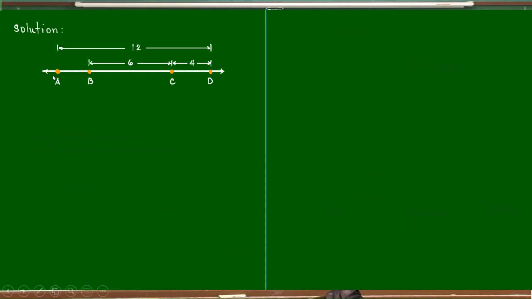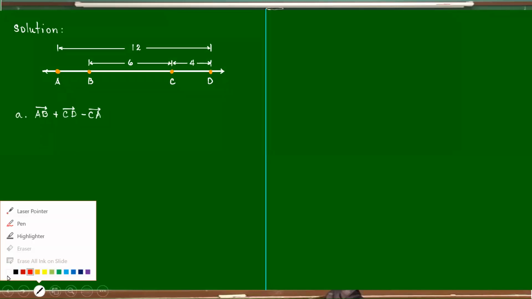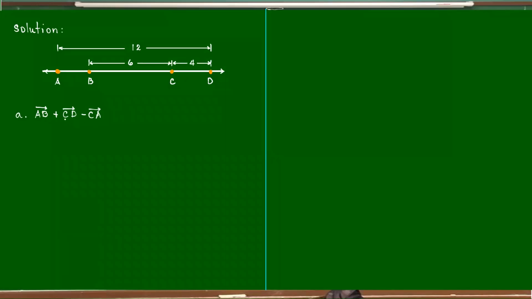We draw a directed line containing the following points, A, B, C, D, with A to the left, followed by B, then C, and then D. So from the given information, we have CD is 4, BC is 6, and AD is 12. So we can now find the value of this expression involving directed line segments.